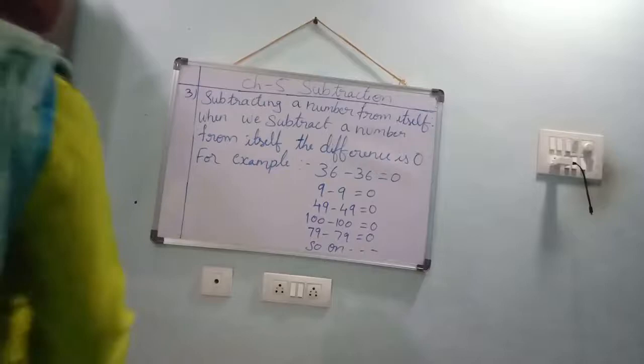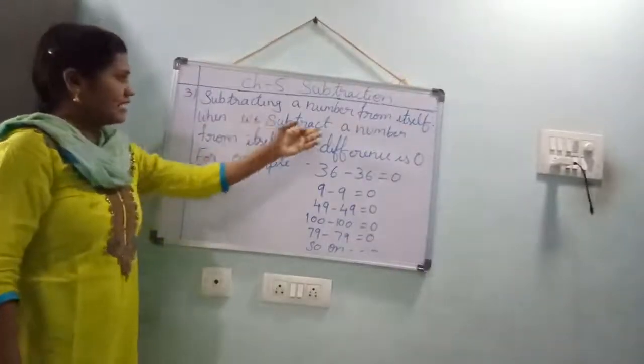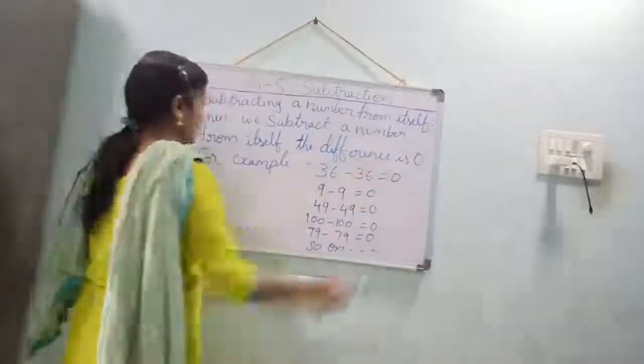Children, third one, subtracting a number from itself. When we subtract a number from itself, the difference is 0.